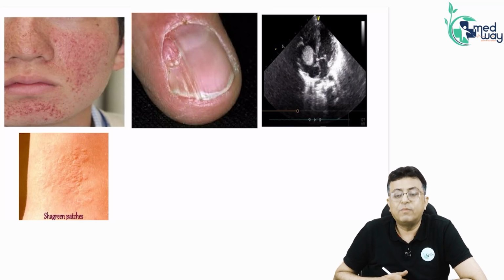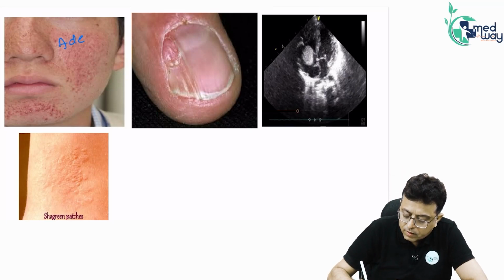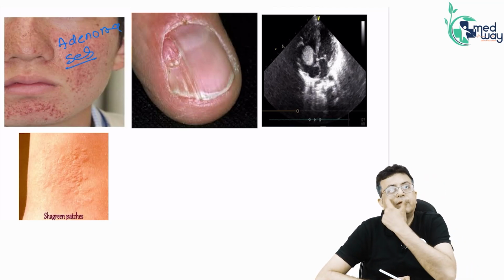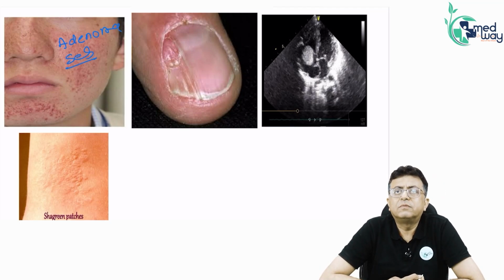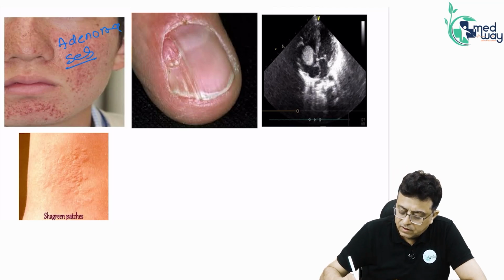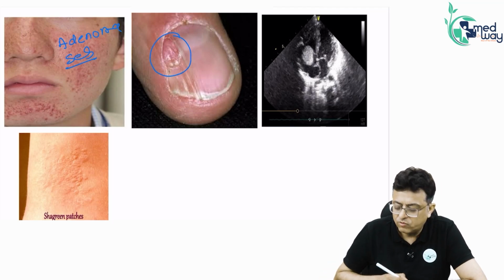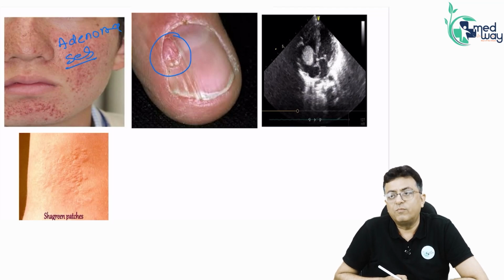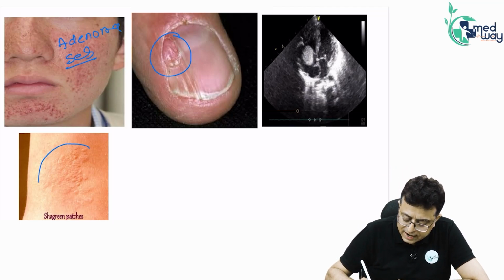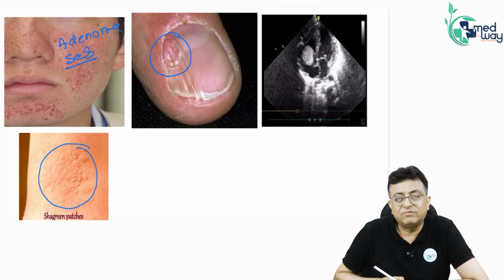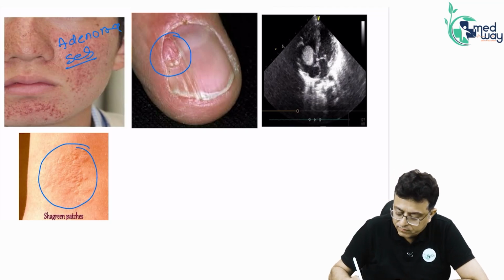This is adenoma sebaceum. Red colored nodules over the face. Adenoma sebaceum. This is periungual fibroma. This is shagreen patch, orange peel consistency growth over the back.